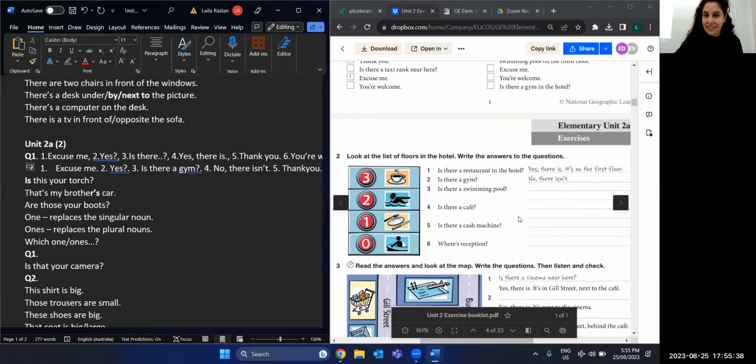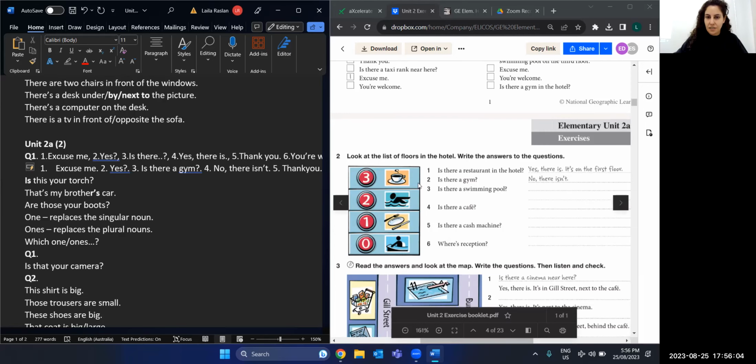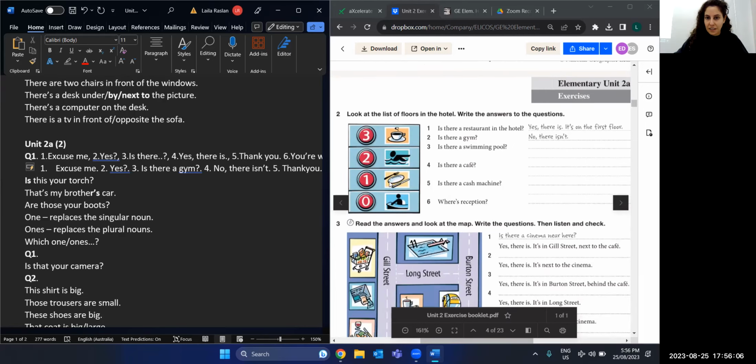Okay, so we're on extra material. So number 2, look at the list of floors in the hotel. So is there a restaurant in the hotel? Yes, there is. It's on the first floor. Is there a gym? No, there isn't.